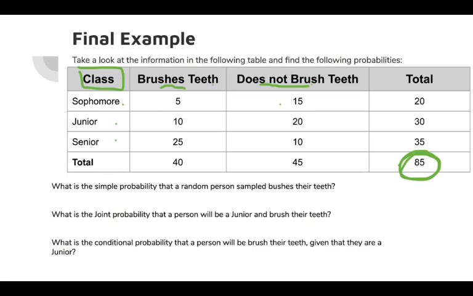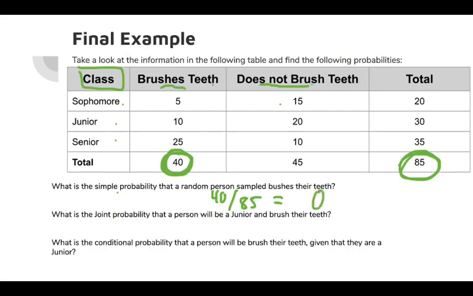And so on. So what is the simple probability that a random person sampled brushes their teeth? Well, I had 40 people in my sample say that they were brushing their teeth, so the simple probability here is going to be 40 over 85, because that's the total number of people that I'm looking at.